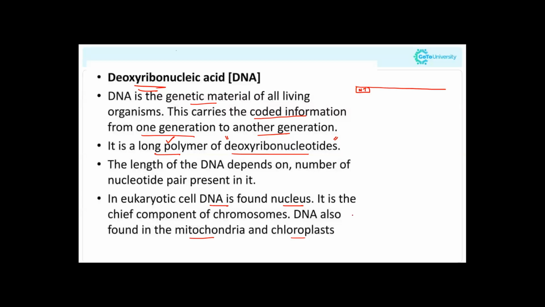Prokaryotic cells have the DNA at the nucleoid region. They do not have a membrane-bound nucleus. Eukaryotic cells have a well-defined, membrane-bound nucleus, inside which they have the genetic material, that is the DNA.